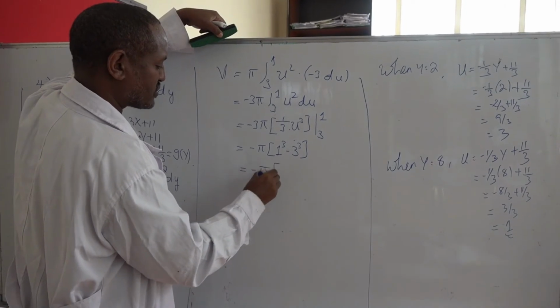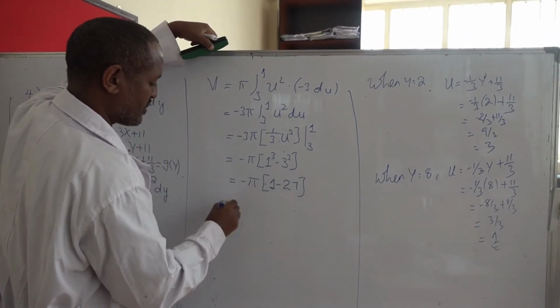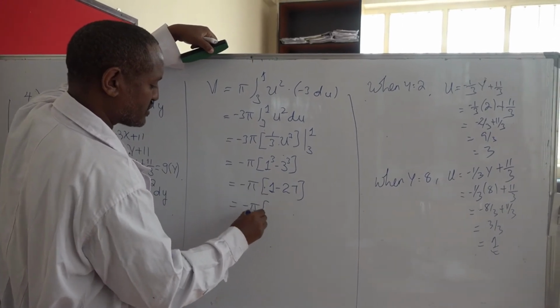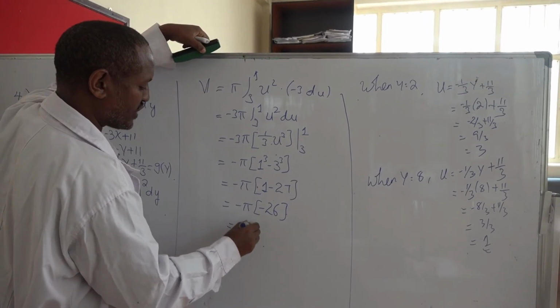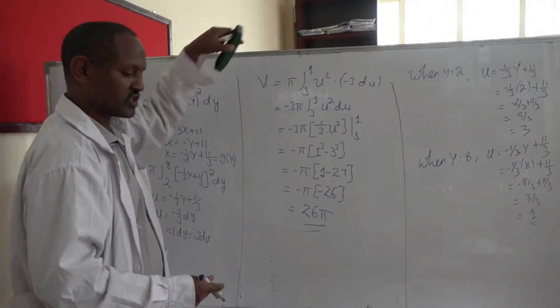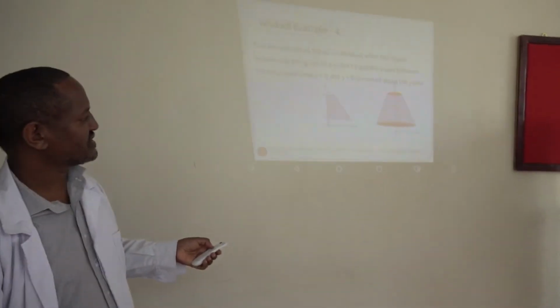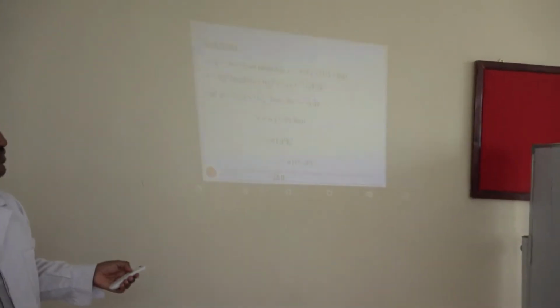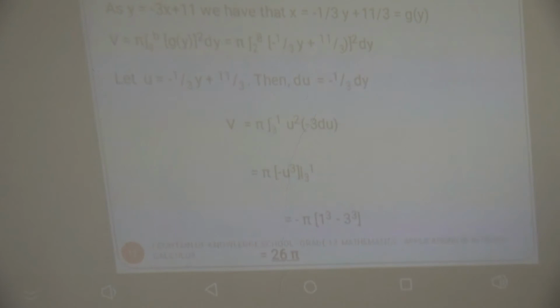Minus pi times 1 cube is 1, 3 cube is 27, minus pi times negative 26, and the product will be 26 pi. So this is the volume of the solid figure. Now let us see this answer. 26 pi. Good. That is 26 pi.